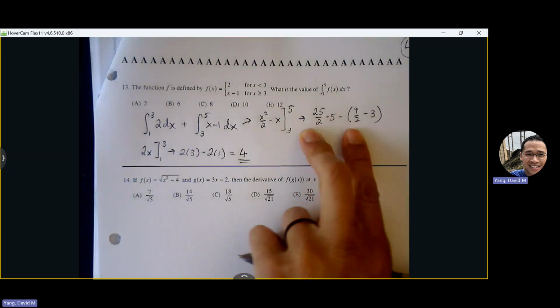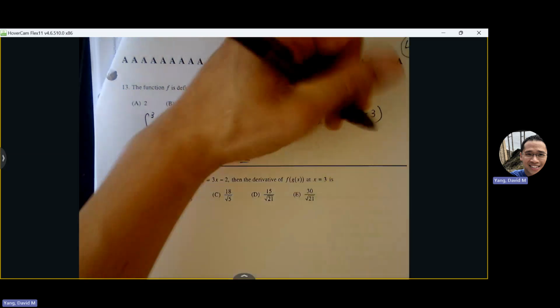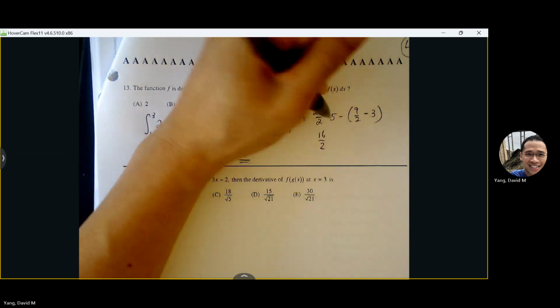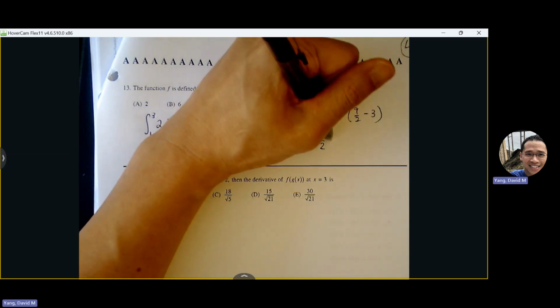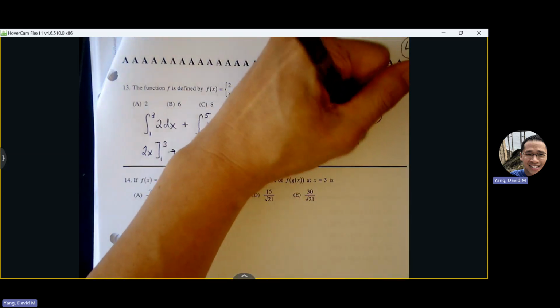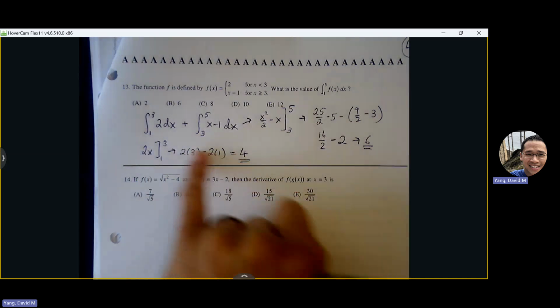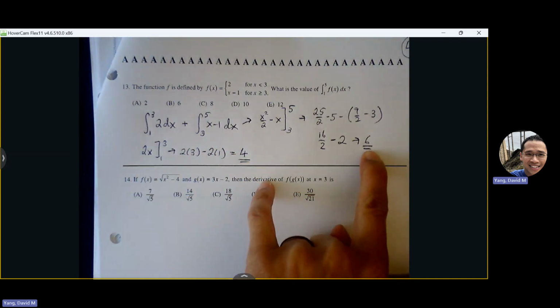So if I combine like terms here, 25 over 2 minus 9 over 2 is 16 over 2. And then minus 5 plus 3 is minus 2. So this gives me 8 minus 2, which is 6. So I have 4 from the graph of 2 dx, and then I have 6 under the x minus 1 graph.